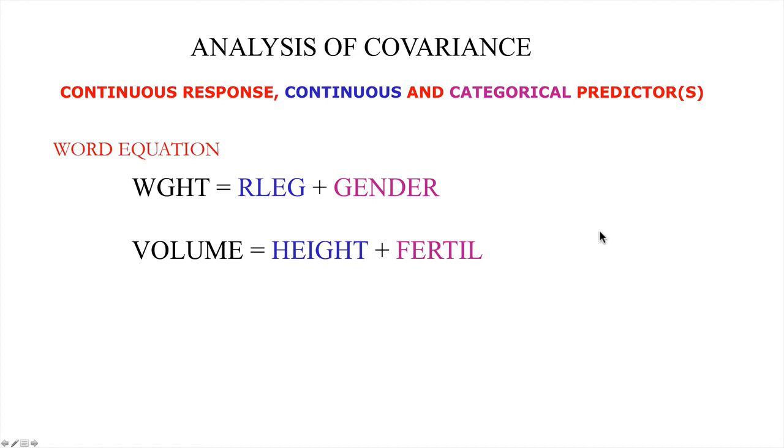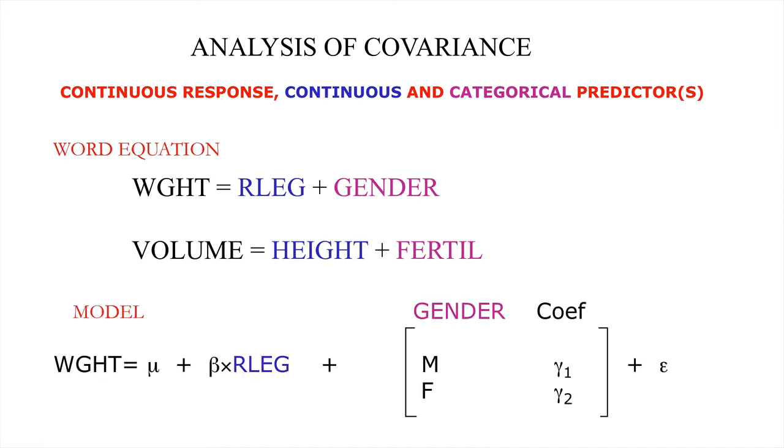So in words, we can have, for example, a continuous response like weight being related to the size of a continuous predictor, like the size of one's right leg, and a categorical predictor, for example, one's gender. Or the volume of a tree might be related to the height of that tree, which is continuous, and the type of fertilizer it's received as it's been growing.